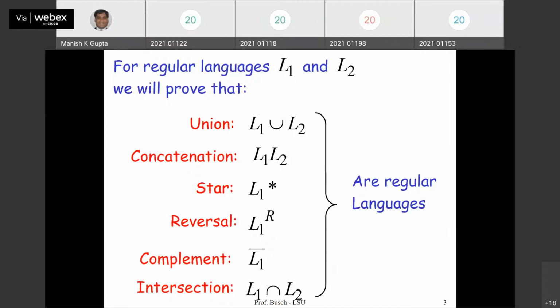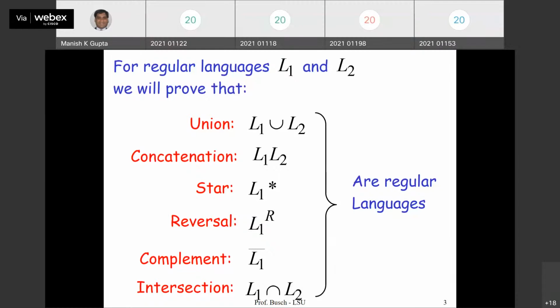Okay. So I will show you a couple of initial things up till the complement using the business of NFA, non-deterministic finite automata. Basically, for L1 there will be an NFA, for L2 there will be an NFA, and I will show you how to combine them to get the regular language L1 union L2. I will show you the NFA for the union. Similarly, I will show you the NFA for the concatenation.